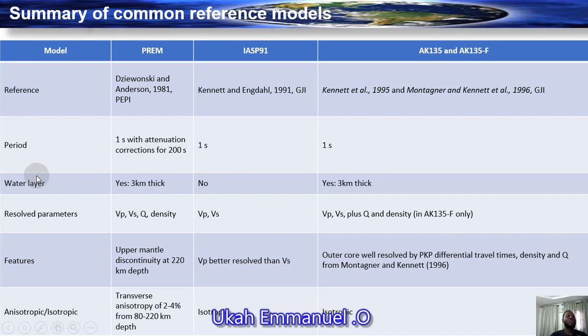Water layer, yes, 3 kilometers thick. Like I said, one does not include water layers, and this also, yes, 3 kilometers thick. Resolved parameters: the preliminary reference model resolves P wave, S wave, attenuation and density.